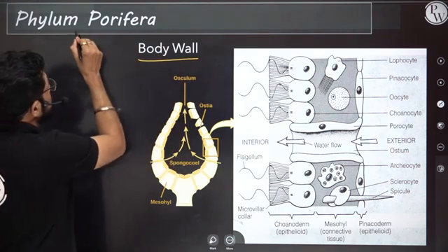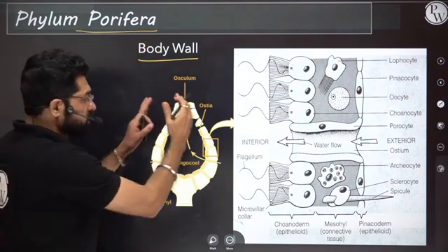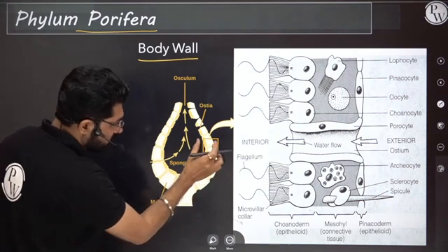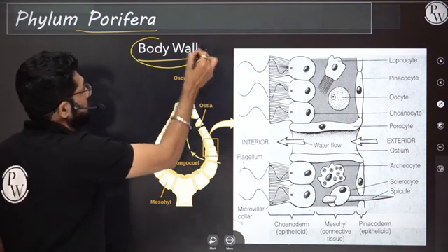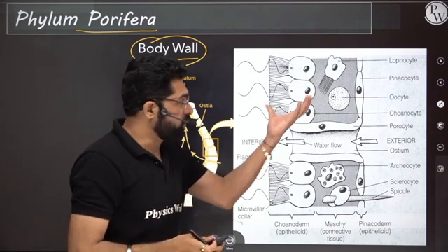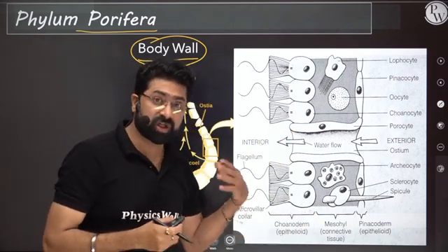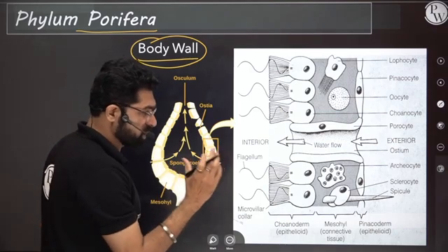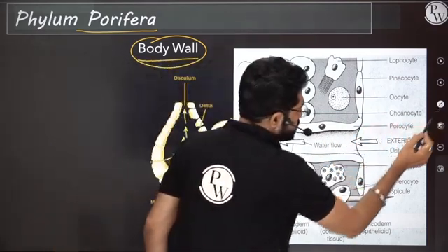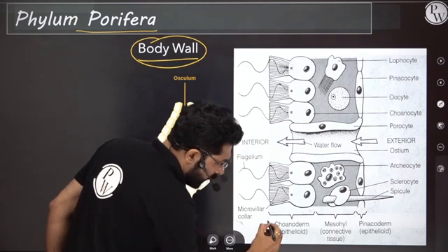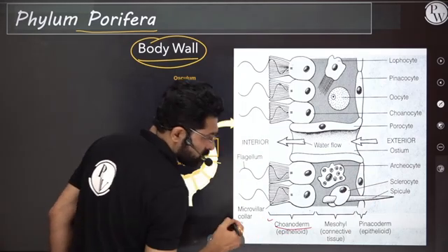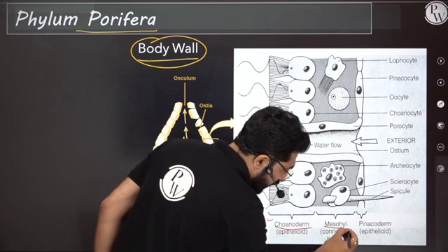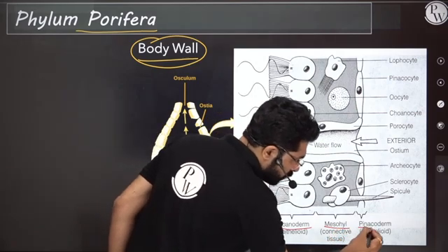Now, to understand phylum Porifera, to understand the sponge, you need to understand what is present in their body wall. How is the body wall existing in them? What kind of structures are present? Let us see. In the body wall, you can see three layers. One is the choanoderm, that is innermost. In between you have the mesohyl, and the outermost is pinacoderm.